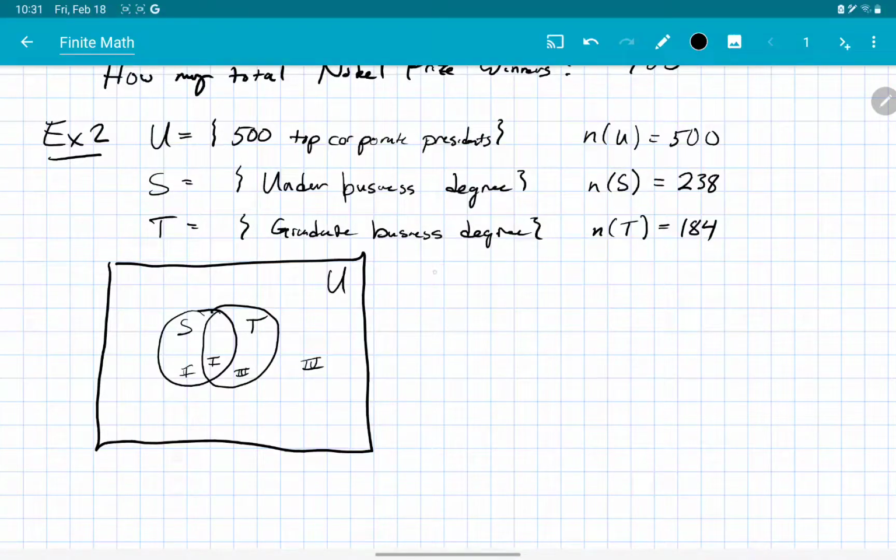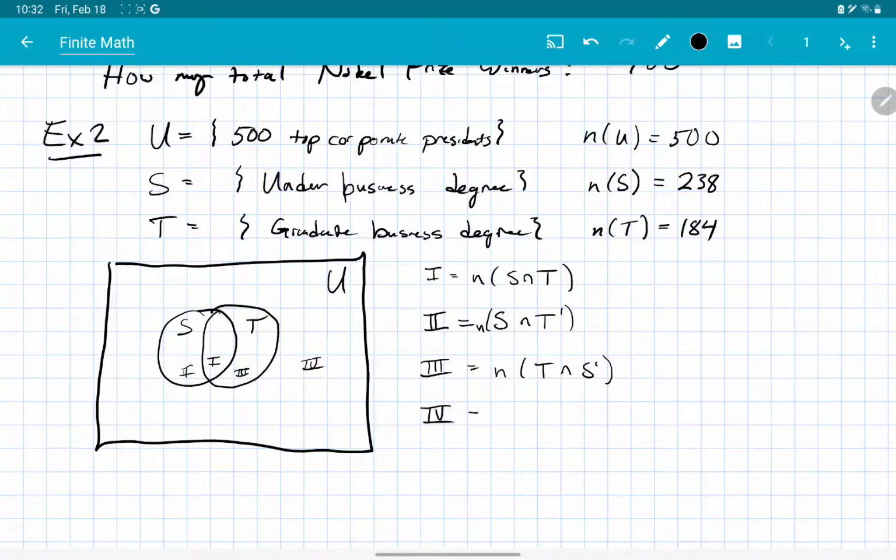Region 1 is going to be equal to the number of S intersect T. Region 2 is going to be equal to the number of S intersect T complement. 3 is going to be the number of T intersect S complement. And 4 is going to be S union T's complement, the number that's in each of those things there.